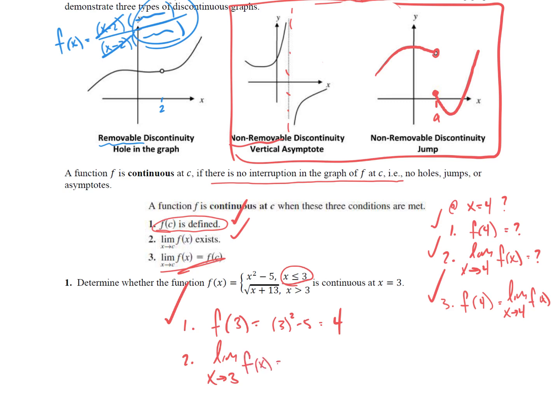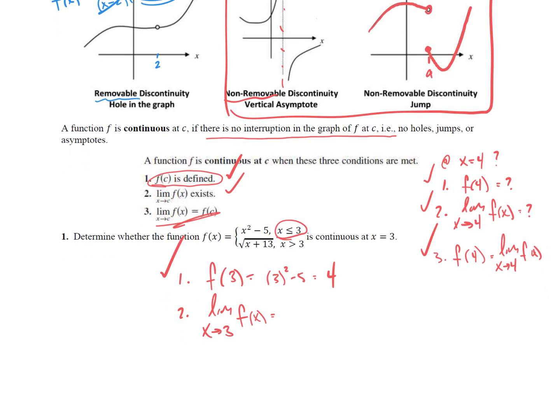Well, that's kind of a two-part question because I then need to make sure that my left-hand limit agrees with my right-hand limit. So as I approach 3 from the right, that would be four.